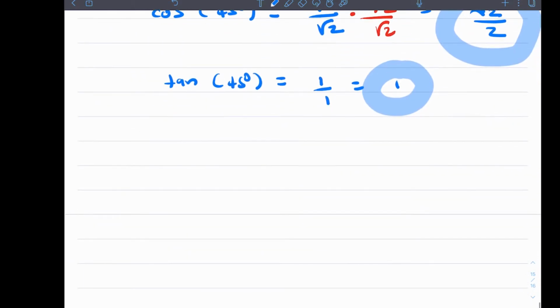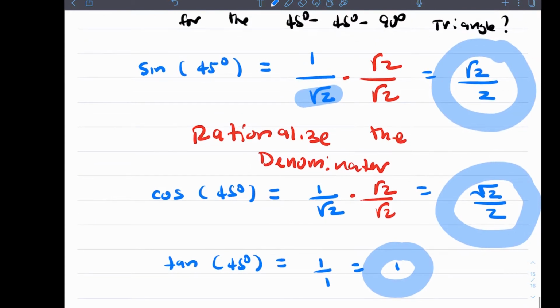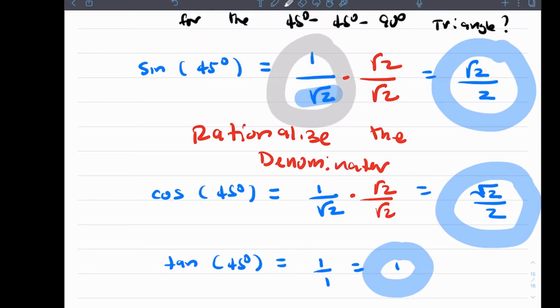Okay. What's the reciprocal of sine again? Cosecant. Good. Okay, which one do I want to flip over? Anybody know? Should I flip over the final answer for sine, or should I flip over the what? I'm going to flip over the 1 over the square root of 2.